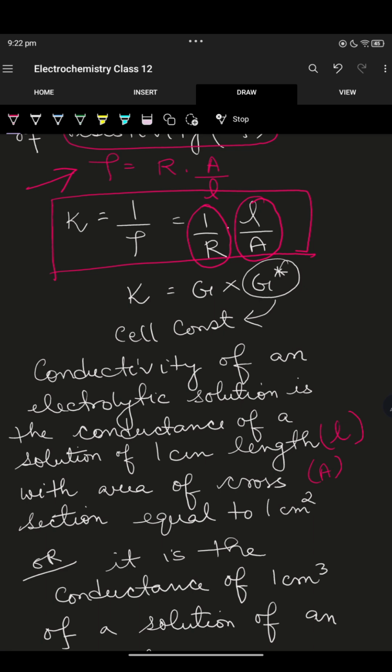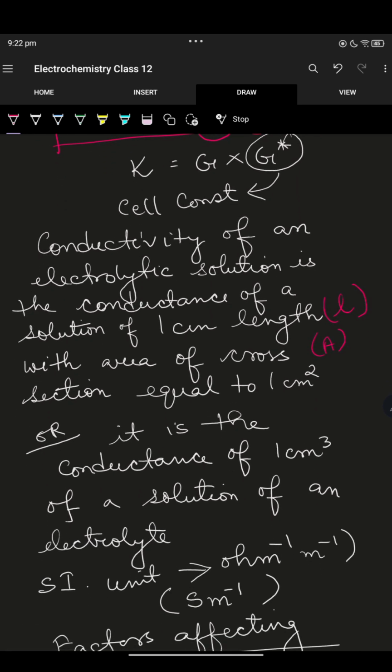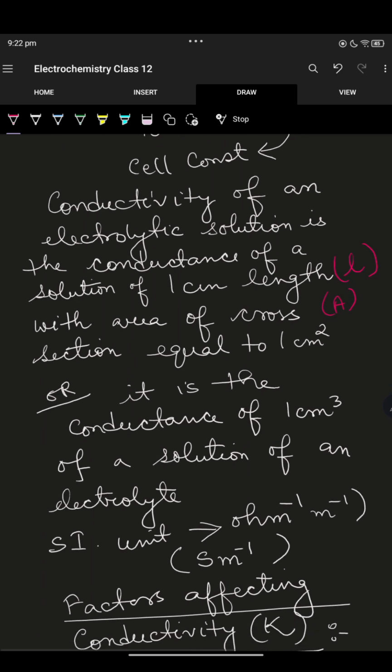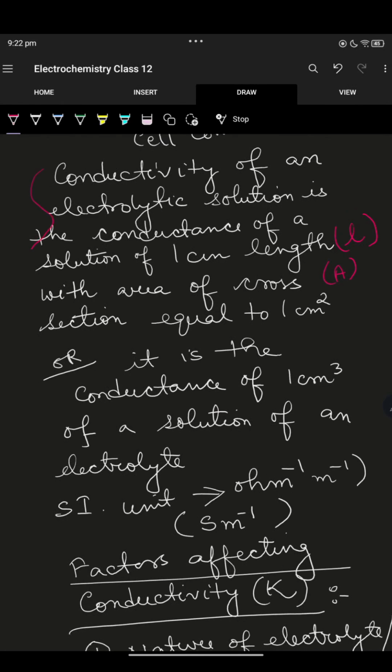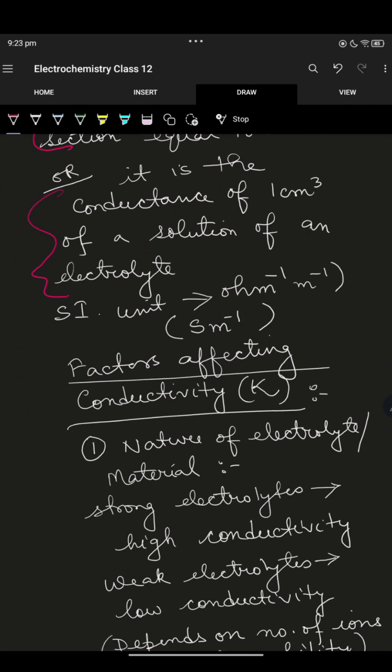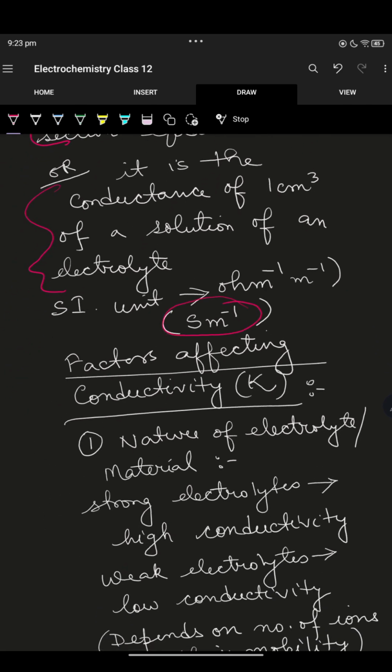That means for unit area of cross section and unit length of the conductor, conductance is equal to the conductivity, or it is the conductance of 1 centimeter cube of a solution of an electrolyte. So first part is for metallic conductor and the second part is for electrolytic conductor. SI unit is S m inverse, Siemens per meter, or ohm inverse meter inverse.